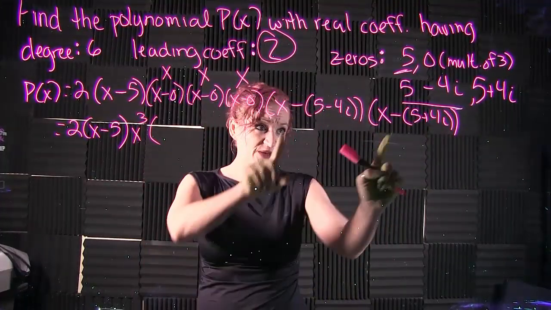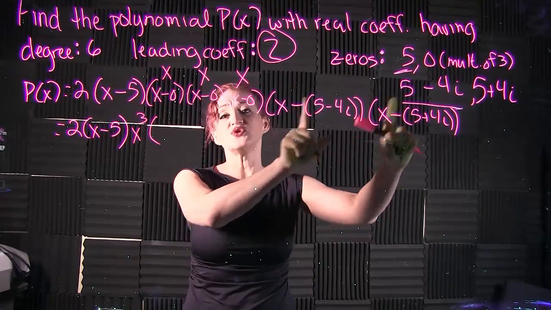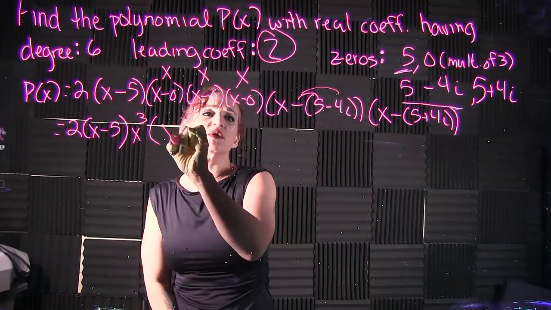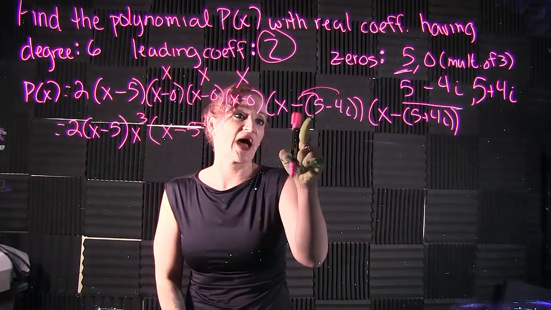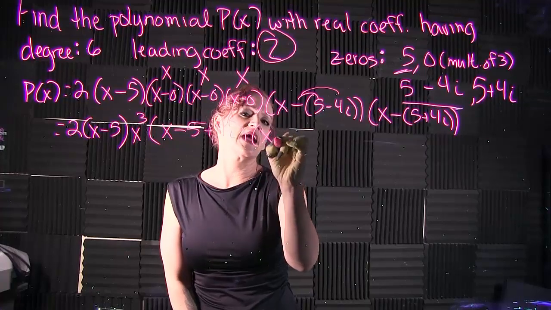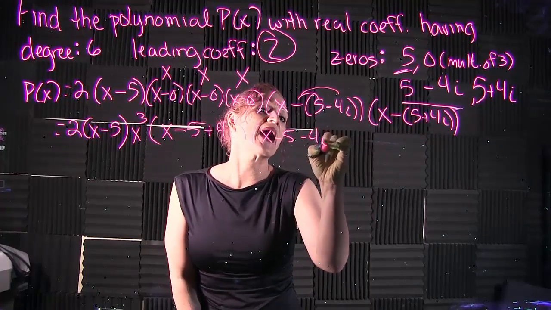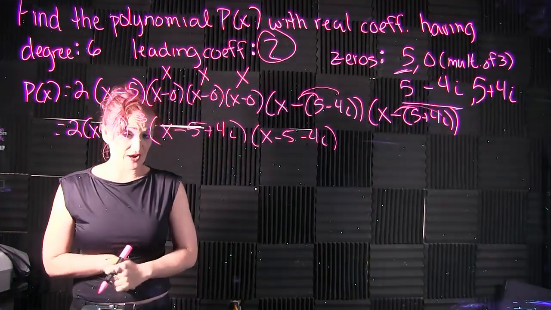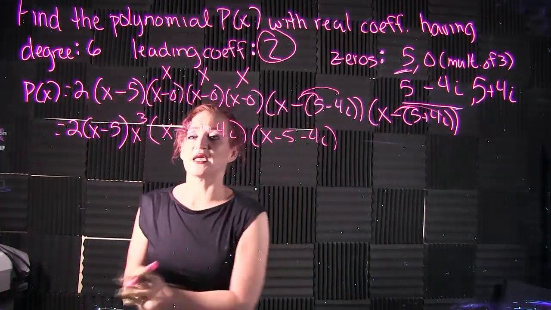Just keep in mind the minus signs in front. We do need to distribute these. So this here will really be x minus 5 plus 4i. And this one over here will be x minus 5 minus 4i when we distribute that minus sign. So really this is the equation that we need to clean up.